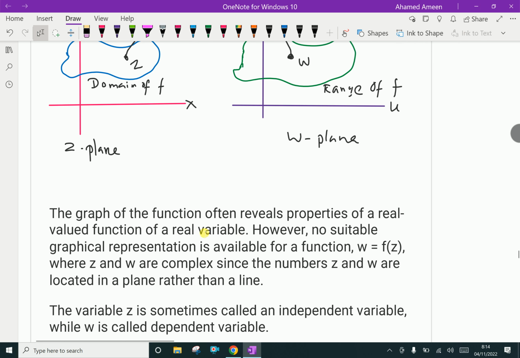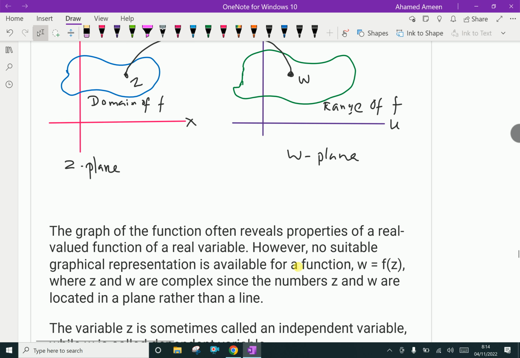The graph of a function often reveals properties of a real valued function of a real variable. However, no suitable graphical representation is available for a function w equals f of z, where z and w are complex, since the numbers z and w are located in a plane rather than a line.